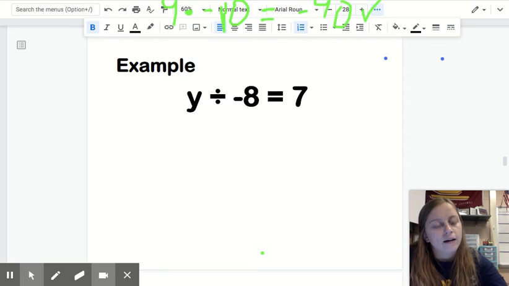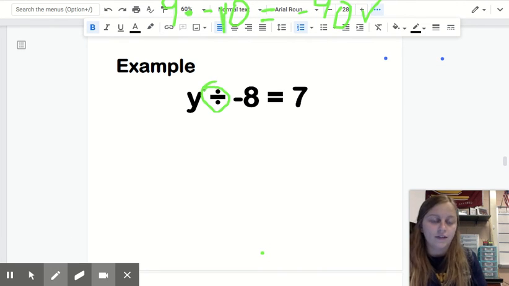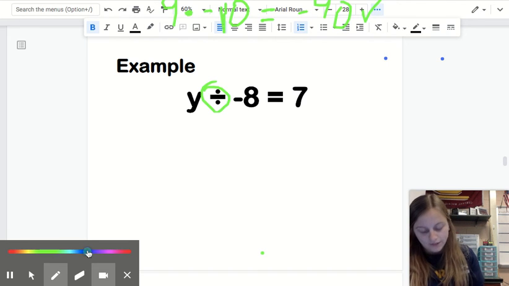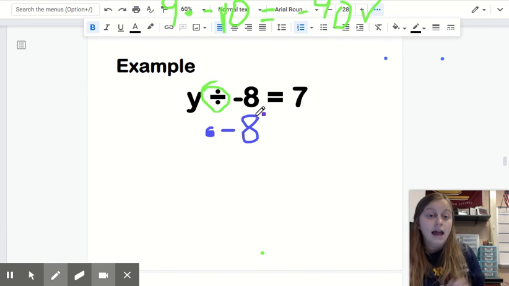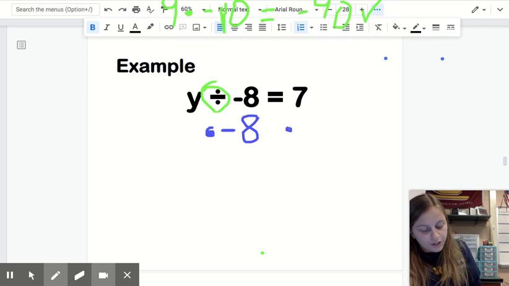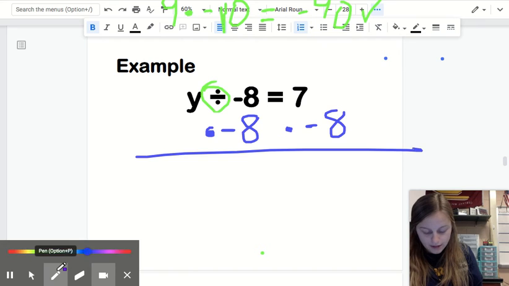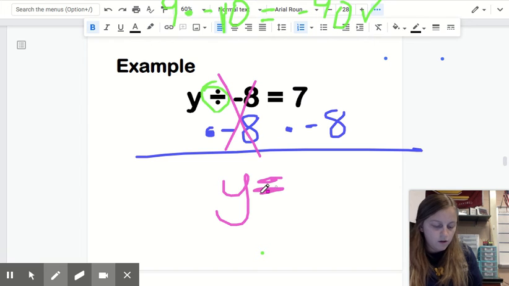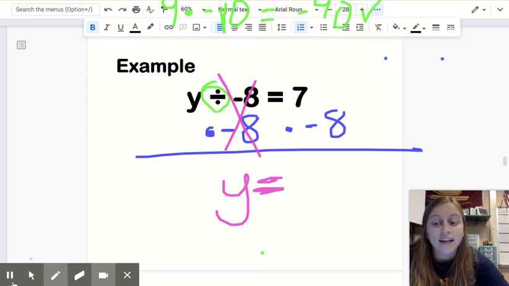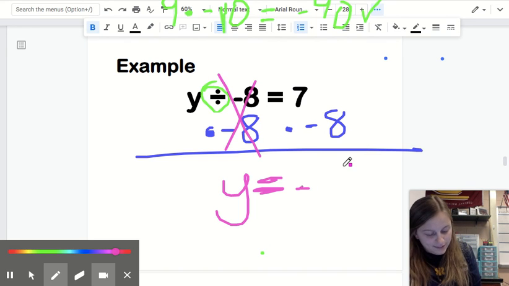Now we're going to look at a type of math that has division. I can see there's a division in there. Well, the opposite of dividing by negative 8 is simply timesing by negative 8. If you do it to one side, you have to do it to the other. So over here, I'm also going to times by negative 8. These negative 8's cancel out, and I'm left with y equals 7 times negative 8, which is going to give me a negative 56.